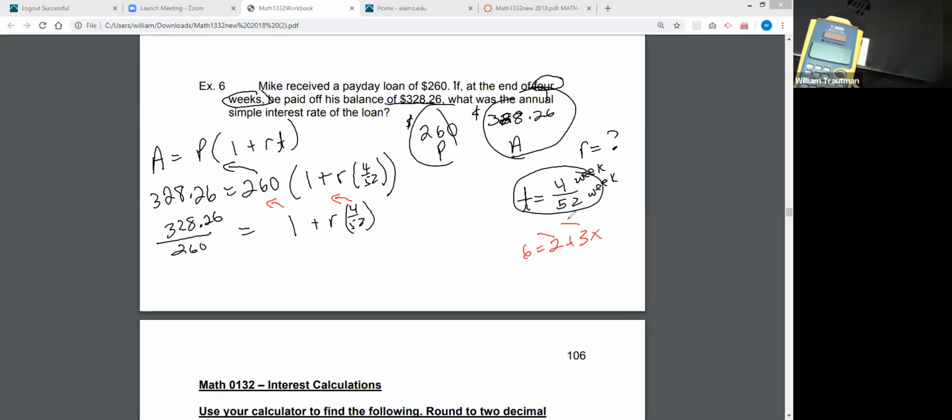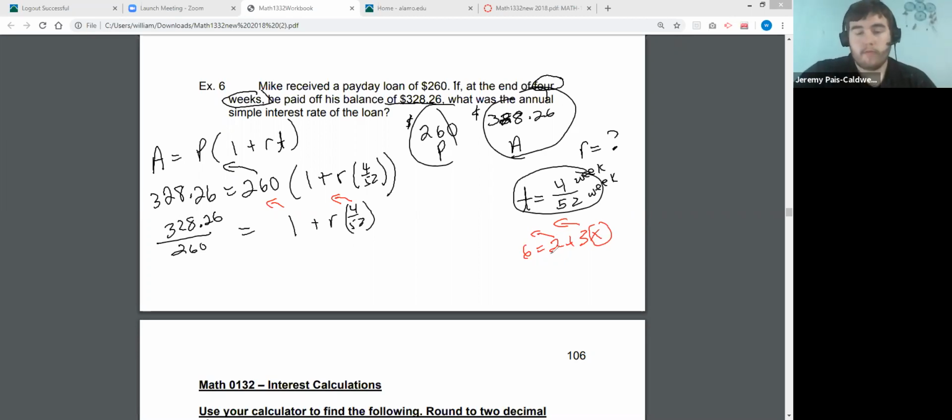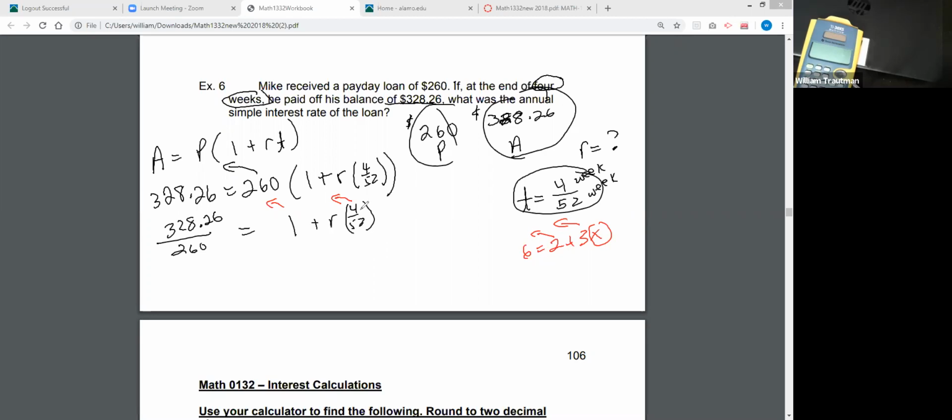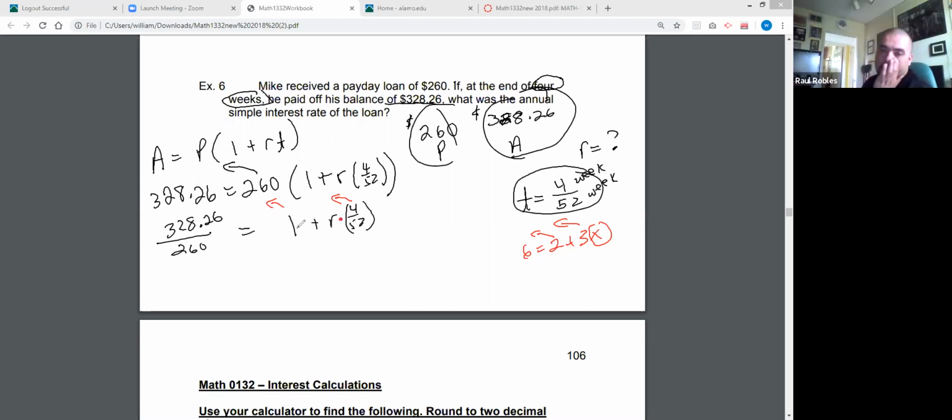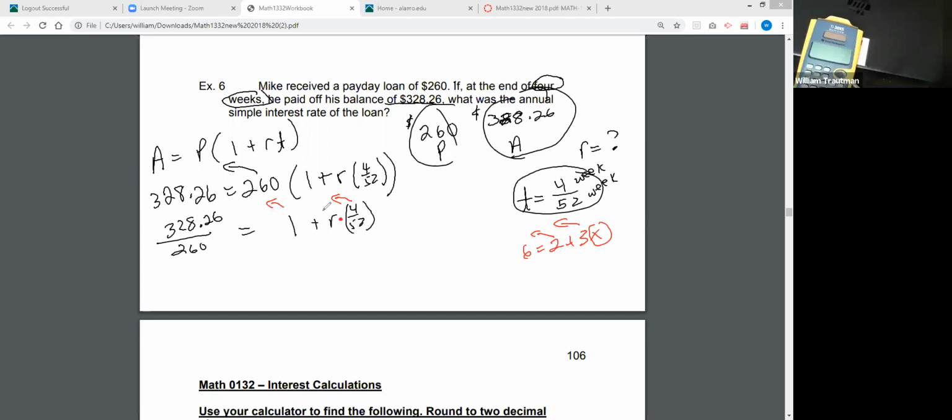I've got to get x by itself. Which one do I take to the other side first? The 2. Yeah, you always take the one that's adding and subtracting. Do you see the 4/52 is multiplying times the r? So you always take the add and subtract. So you have to take the 1 over. It's a +1, so you subtract 1.